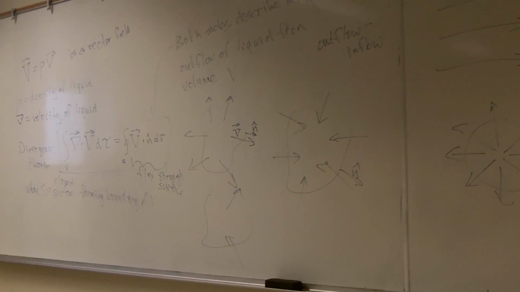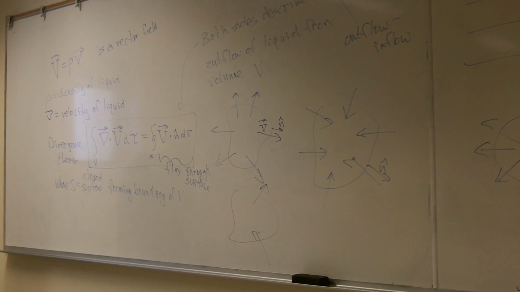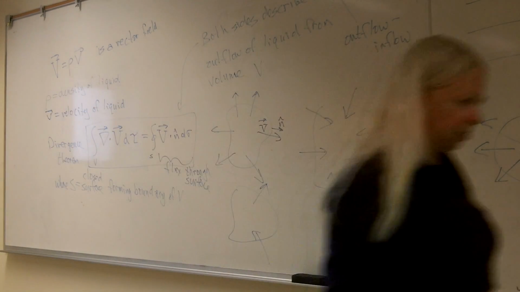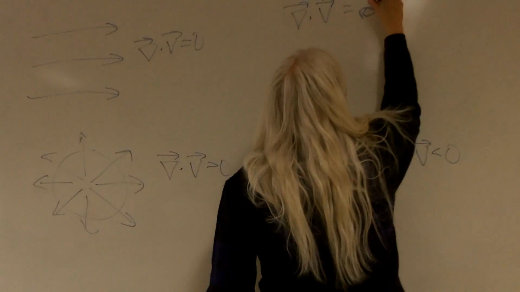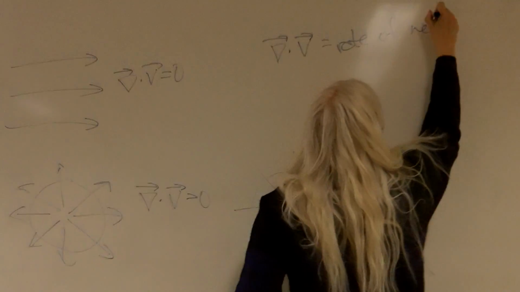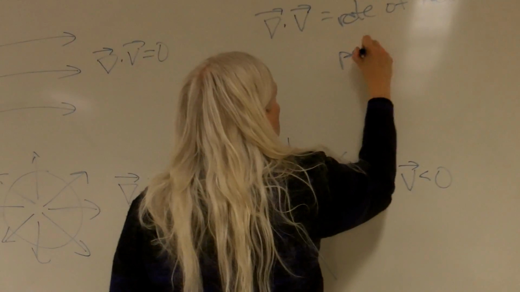So I hope that makes sense. And I hope you can see that in the divergence theorem, both sides of the equation are really just two different ways of describing the net outflow of liquid from this region. Now, okay, so in other words, let's say that the divergence is the rate of net outflow per unit volume.